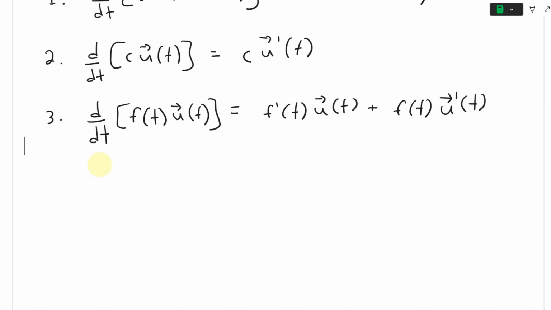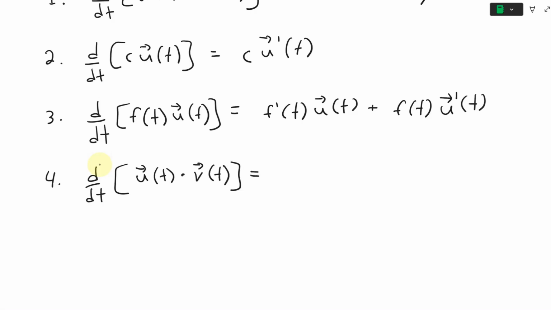Now the next one is number 4. This is d over dt of the dot product: u of t dot v of t. It's very similar to the one above, just using the product rule.